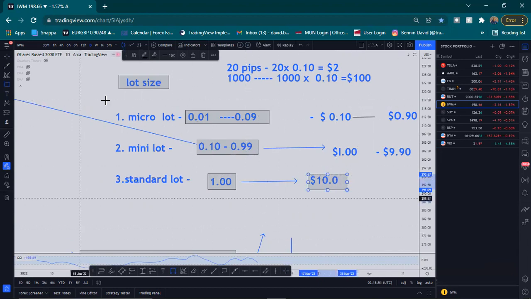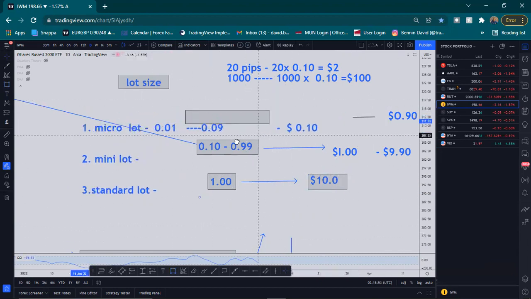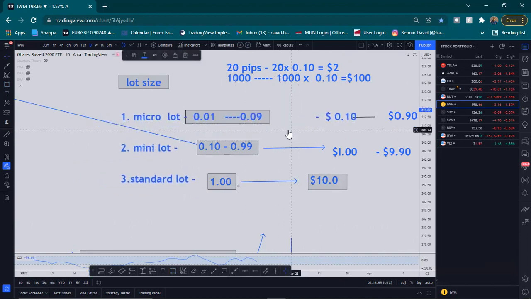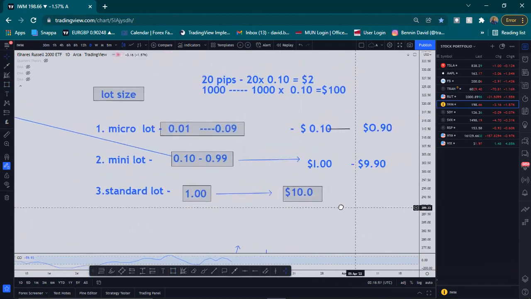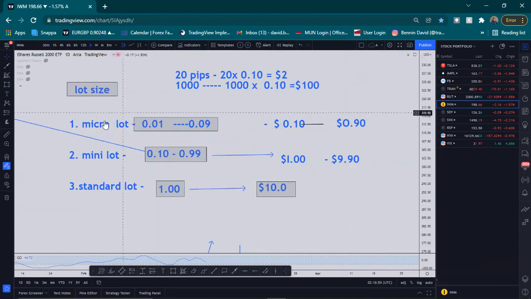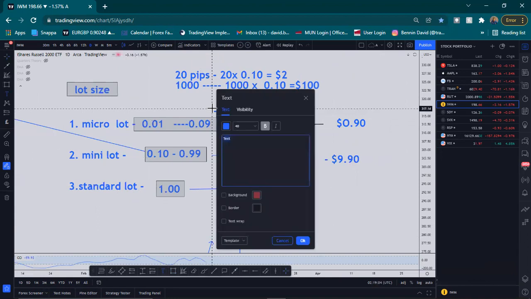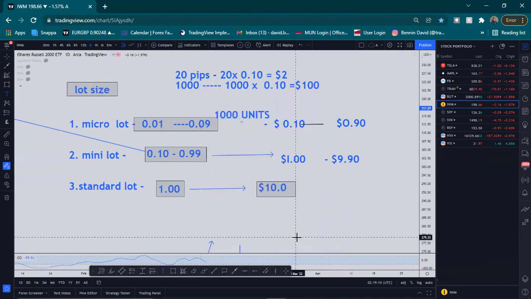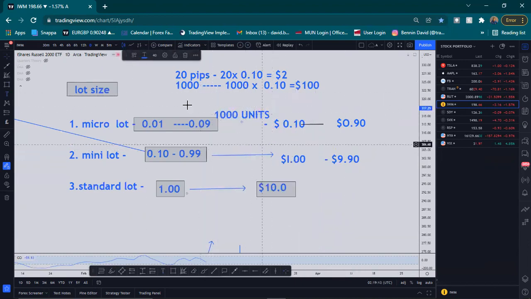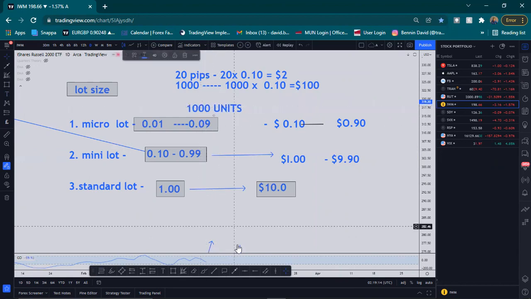This has a deeper meaning than the way I'm explaining it. So, for example, if you are buying a micro lot of the currency, what you're actually doing, in terms of quantity, is buying 1,000 units of the currency. So let's say you are trading EUR/USD, the currency pair.